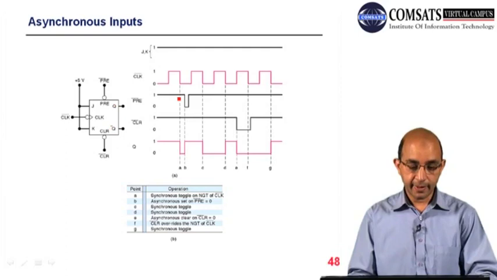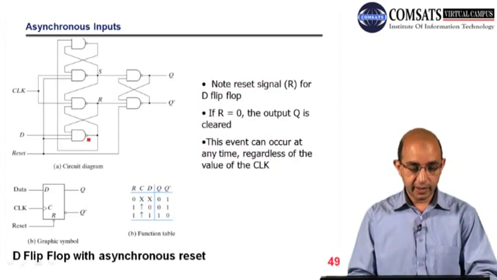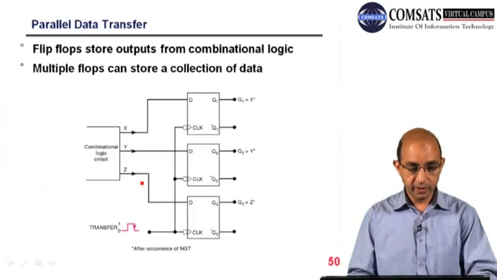You can see the timing diagram with J and K, preset active low and clear active low, and you can solve it by yourself. Then we have a circuit with a D flip-flop with clock and reset, which is active low, and this is the function table.